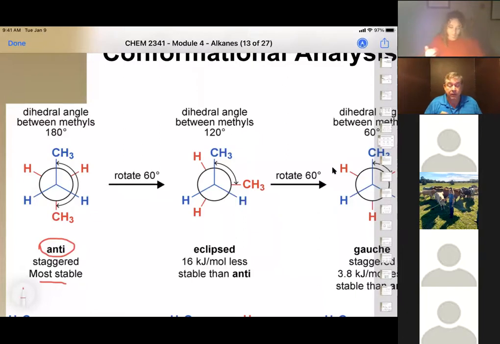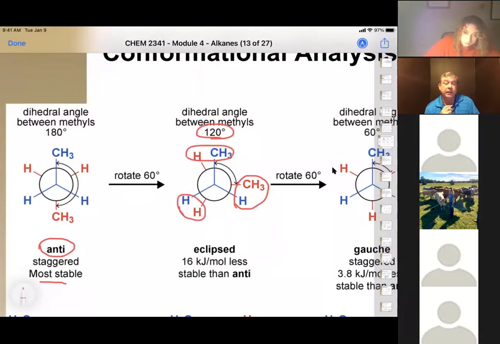And I'm going to argue why it's going to be the most stable when we start looking at the energy diagram. If we rotate 60 degrees, the 2 methyl groups are getting closer to each other. We have them at 120 degrees, but we have a methyl group eclipsed with a hydrogen, another methyl group eclipsed with a hydrogen, and 2 hydrogens eclipsed there.